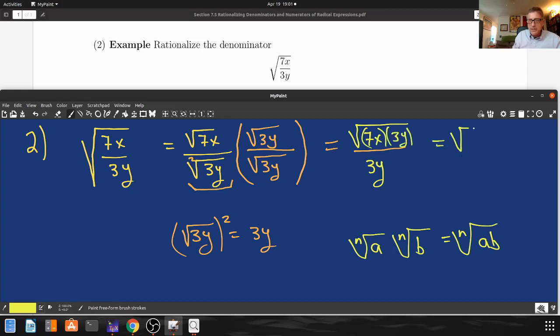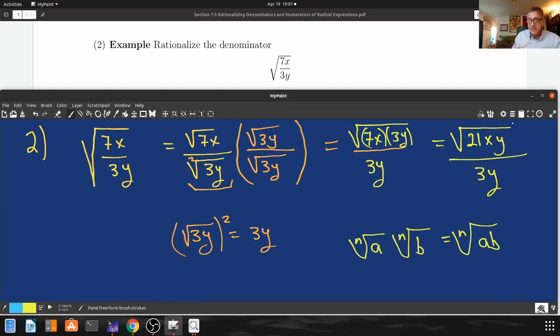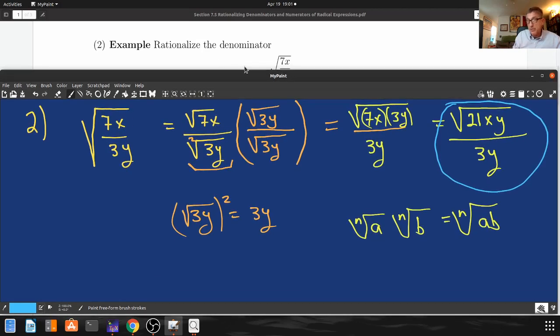So I can simplify that. 7 times 3 is 21, and x times y over 3y. And once we get it to that fashion, we are done in the sense that we have rationalized the denominator. The denominator is, I could find the LCD at 3y, right?